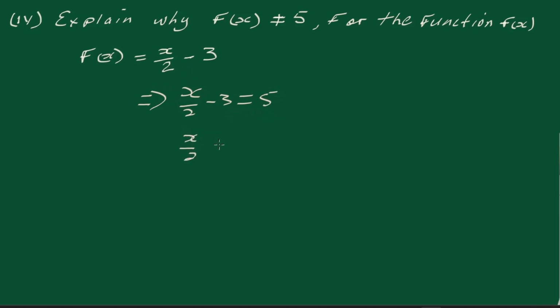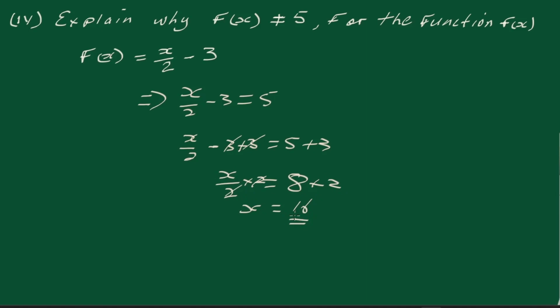x over 2 minus 3, plus 3 on both sides. So x over 2 equals 8. Multiply by 2 on both sides. x equals 16. So why can the function not give an output of 5?